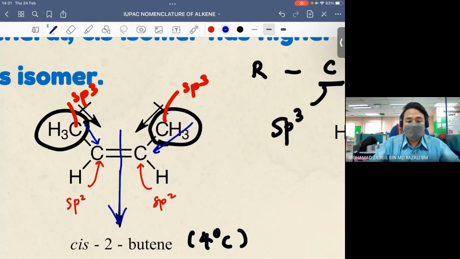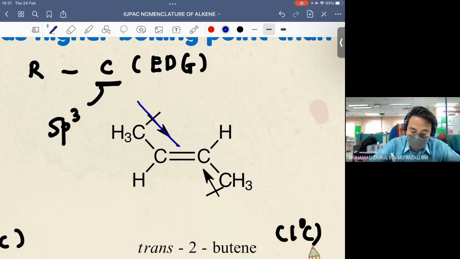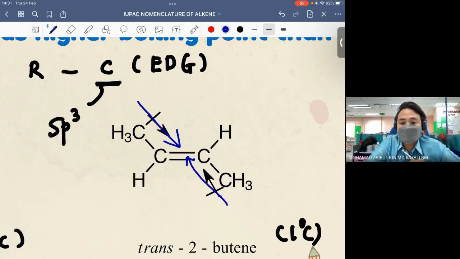That is for the cis isomer. For the trans isomer, it has the same group on opposite sides. So if one donates its electron density in one direction and the other goes the other way, the resulting dipole moments cancel each other out. So the mu is equal to 0.